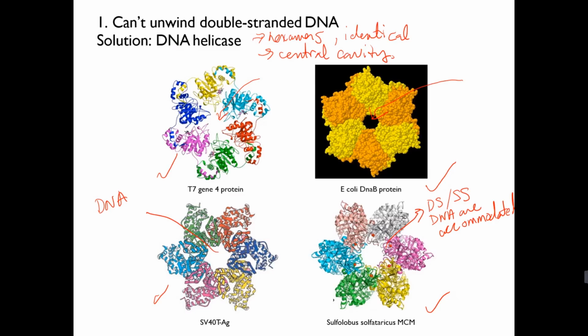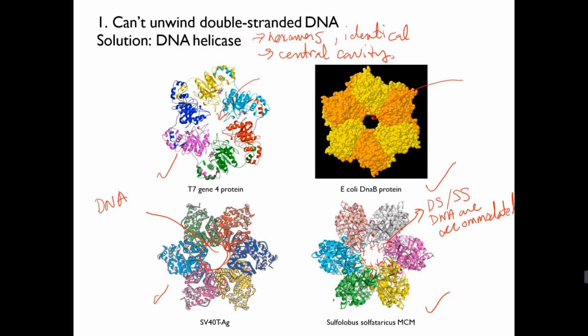The hole does have some characteristic charge properties, and I'll pose the question, what charge would you expect the residues lining this donut hole to have? Hopefully you've guessed correctly. They would be positive charges lining the cavity, because DNA is negative, so this obviously would make sense.